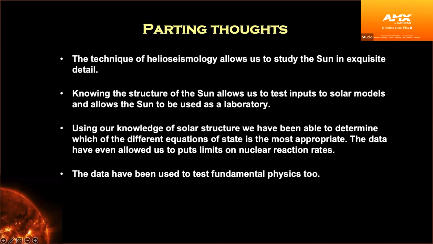We solved the solar neutrino problem for one, and even put constraints on nuclear reaction rates. And even though I haven't shown you, I just mentioned G, for example, the data have been used to test fundamental physics. So there's a lot of stuff that can be done because the data are so good. Also, because the sun is a very simple star. Some stars are simpler than others.